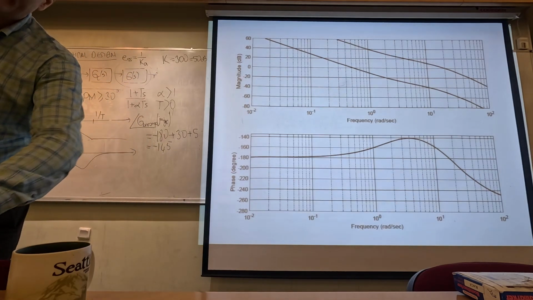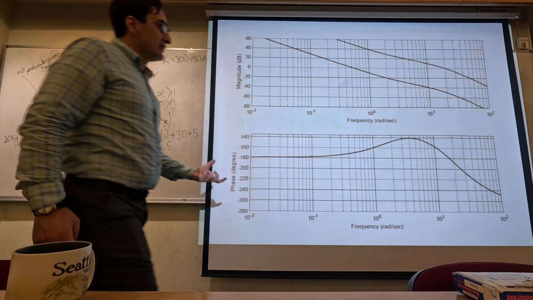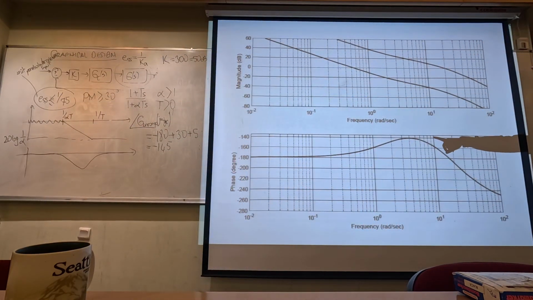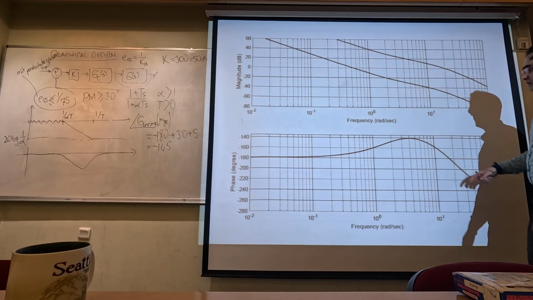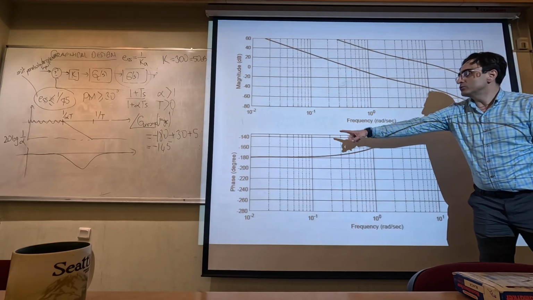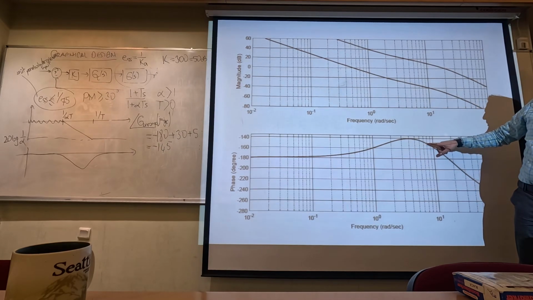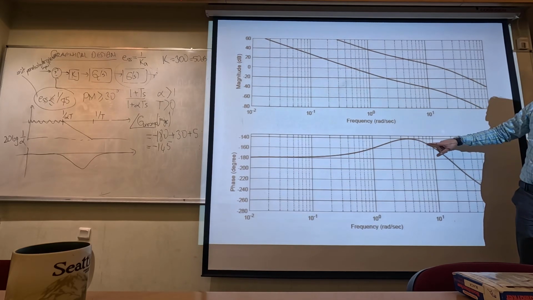Okay? Then I'm going to place my new gain crossover frequency at the frequency at which we have the phase of the uncompensated system equal to minus 145. Okay? So here, if I look at this phase, I see that somewhere here I have minus 150.